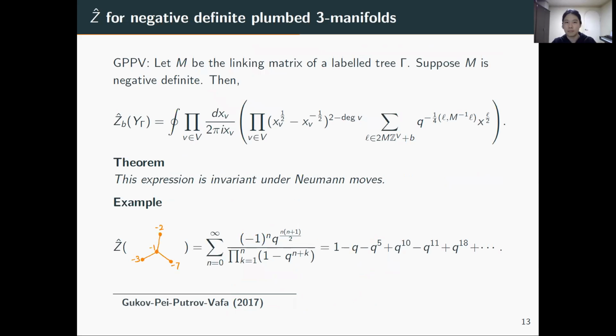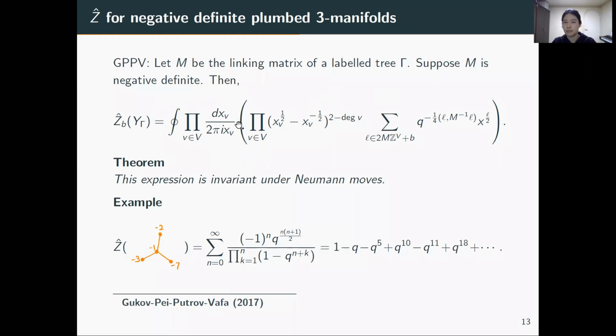Now, let M be the linking matrix of the labeled tree gamma, and suppose M is negative definite. Then GPPV, in their paper, say that the z hat for this 3-manifold can be computed in this way. Although this whole expression may look a little intimidating at first, this is actually very simple.